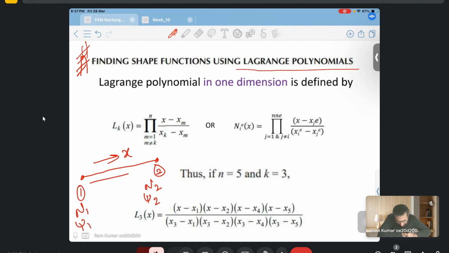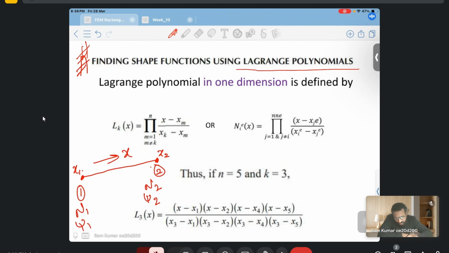So this is a length L for any element, and at node 1 we have x1 equal to 0 and x2 equal to L. Or we will not specify any length, just write the coordinates x1 and x2, and I want to find the shape function for this element.